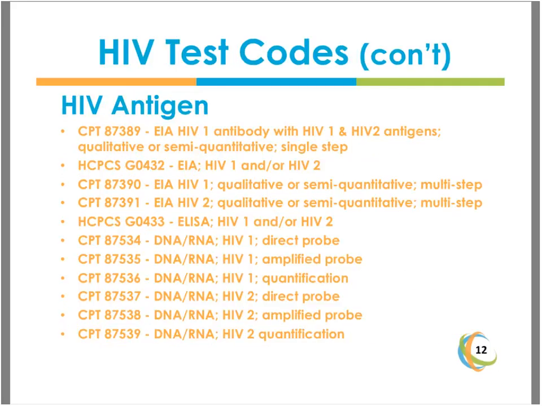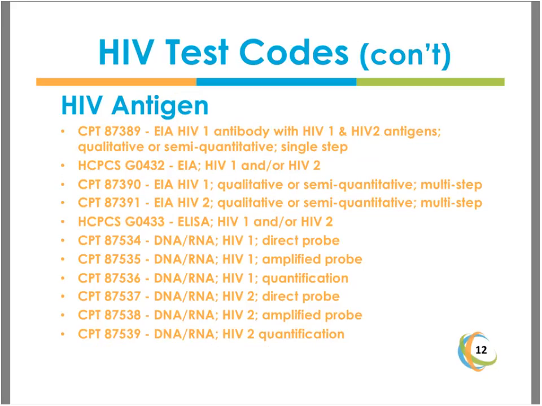A continuation of your HIV test codes are your HIV antigen codes. This is a long list of all of the antigen HIV test codes that are available to report. So you have your CPT 87389, your HCPCS G0432, your CPT code 87390, 87391, HCPCS G0433.